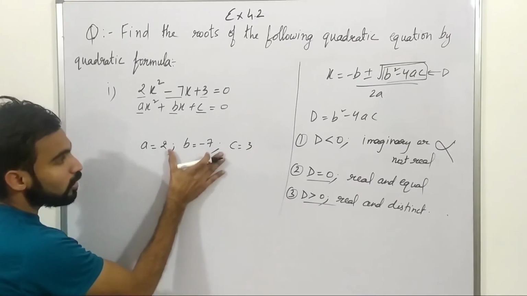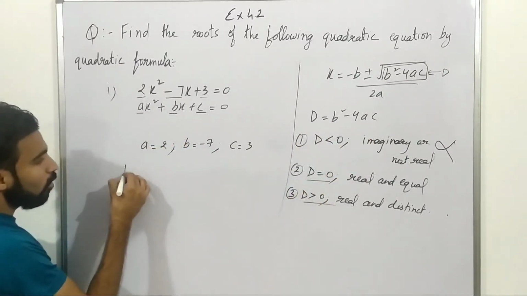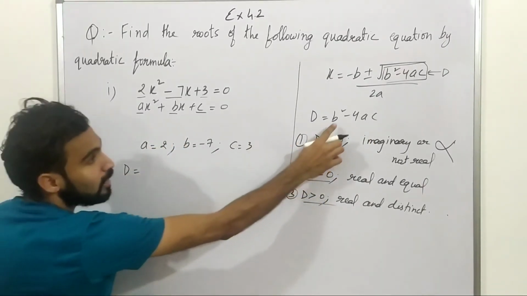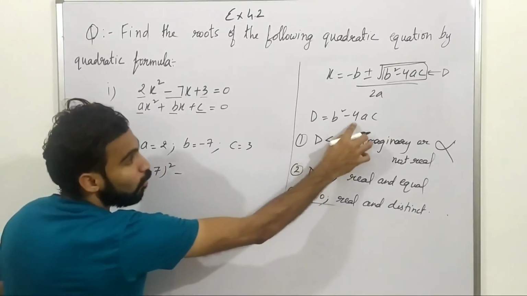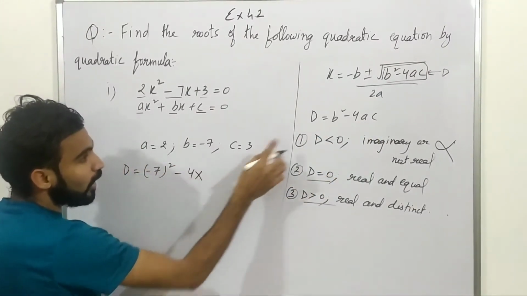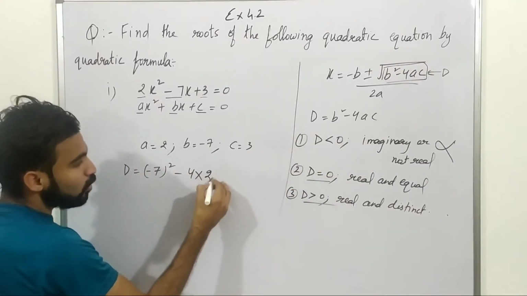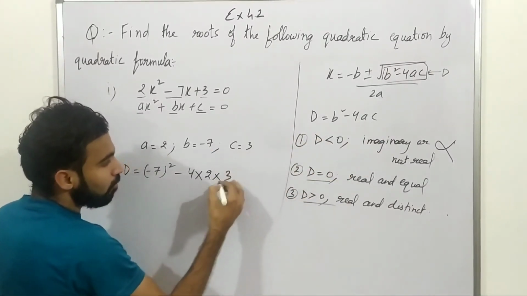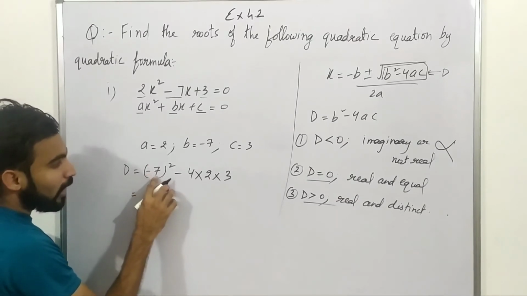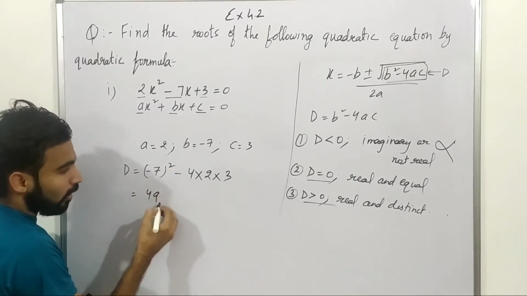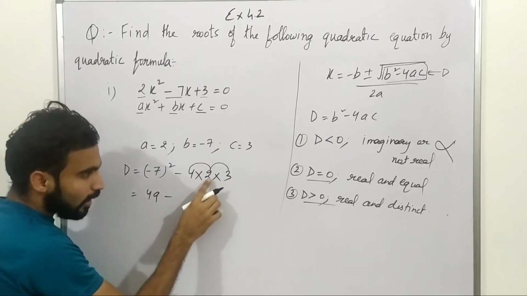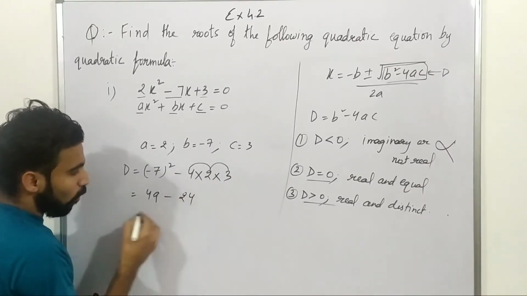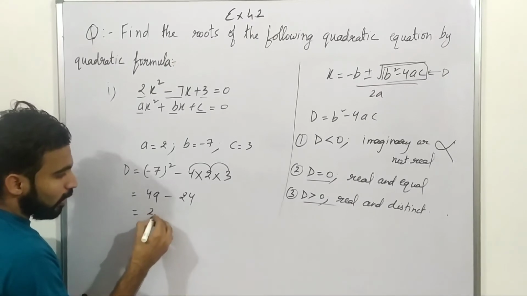Now substituting these values in the formula, D is b square, that means minus 7 square, minus 4ac. That means 4 into a, at the place of a there is 2 and at c there is 3. If I solve this, minus 7 square will be 49. Now further, if I multiply this, 4 cross 2 is 8, 8 cross 3 is 24. Now if I subtract this, that will be 25.